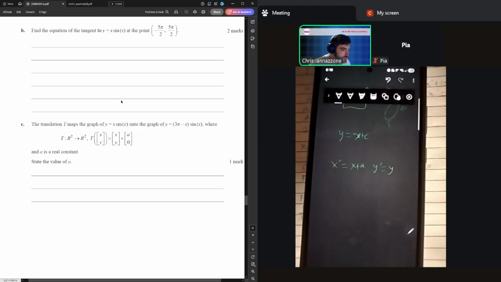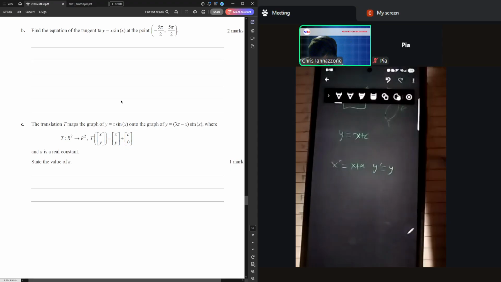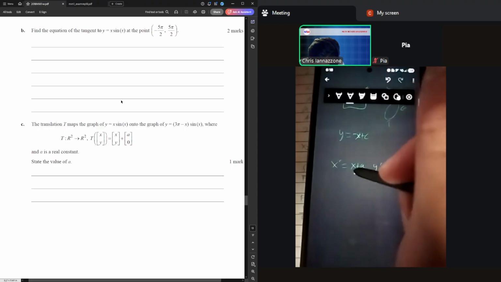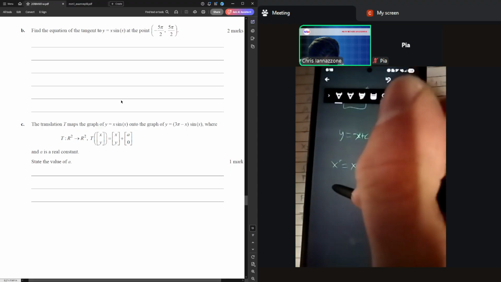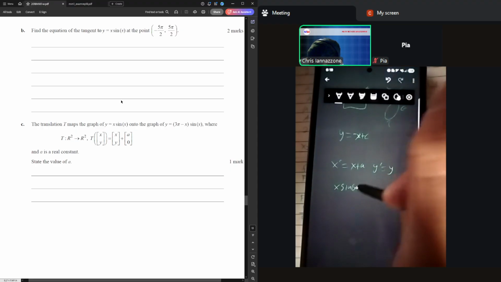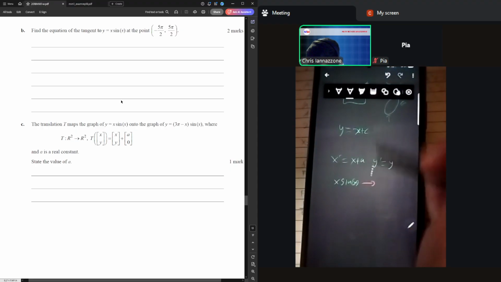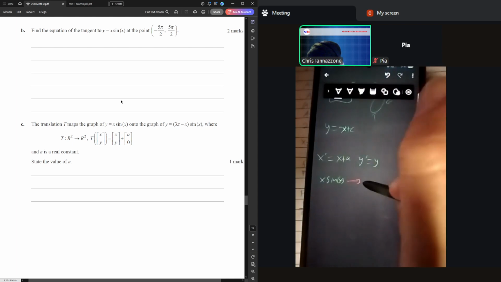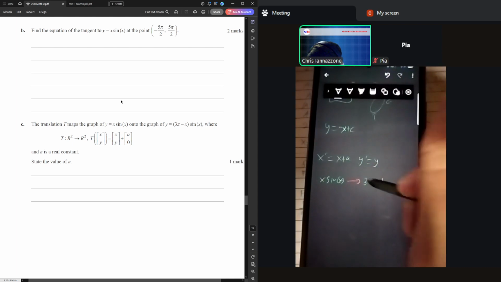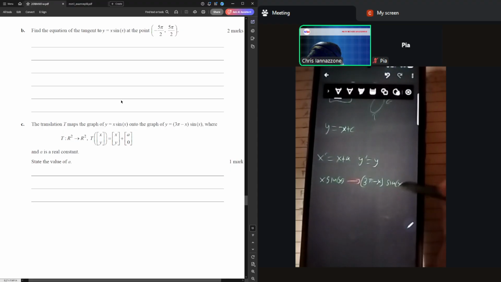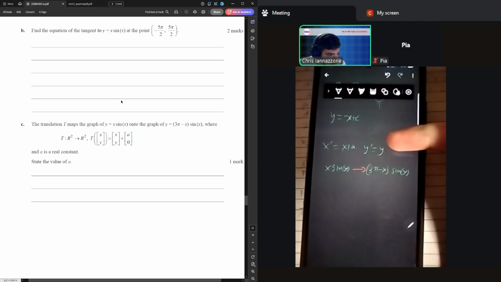So that's being applied to x sine x, and it's making it look like 3 pi minus x sine x. And that's a bit cheeky actually.